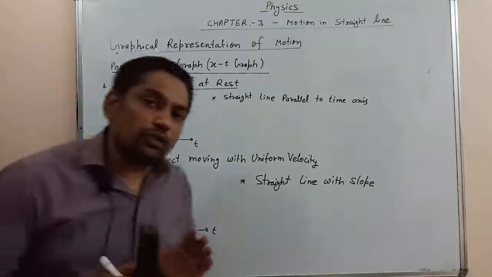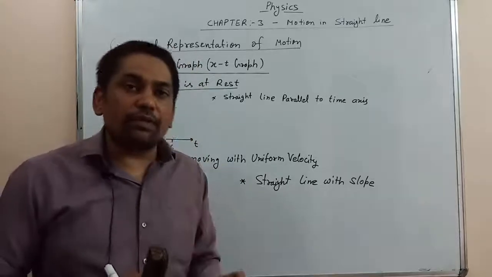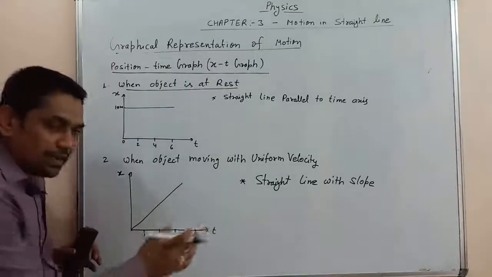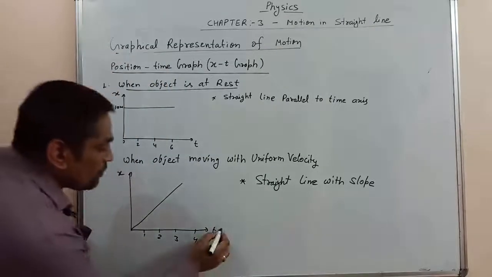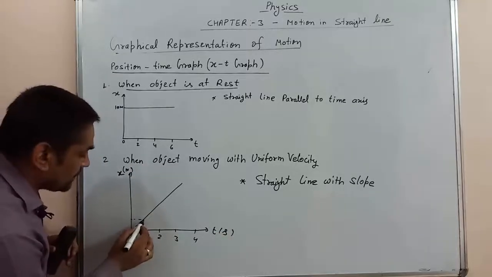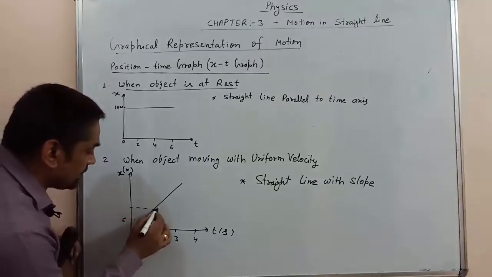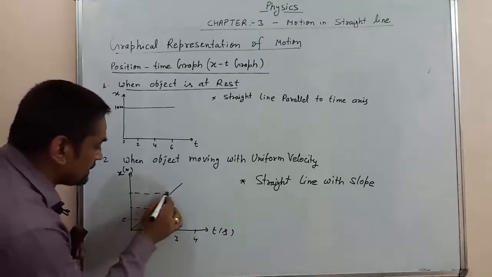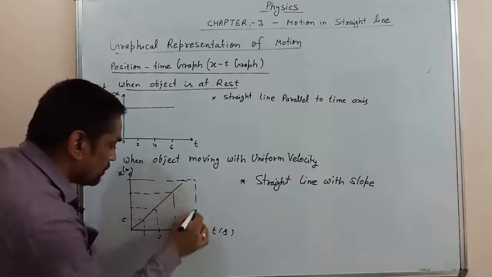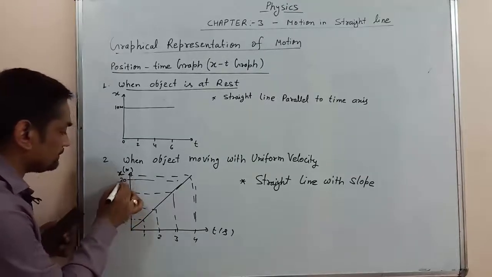What is the meaning of uniform velocity? The object covers equal displacement in equal time intervals. After 1 second the displacement is 5, after 2 seconds it is 10, after 3 seconds it is 15, after 4 seconds it is 20.